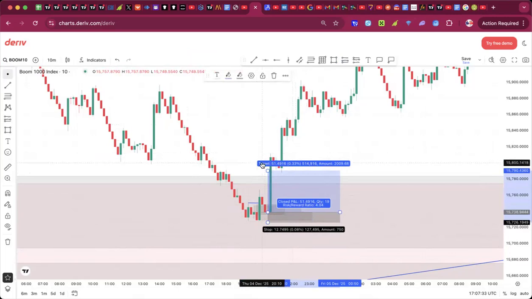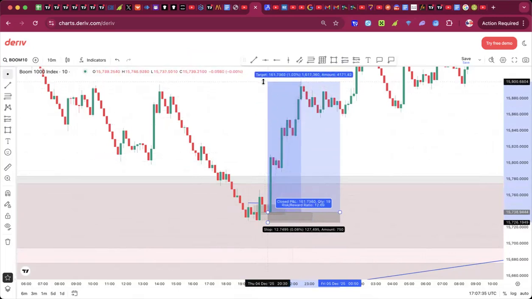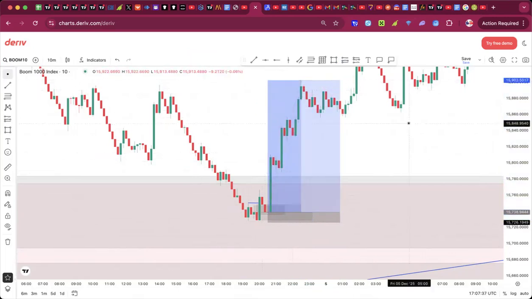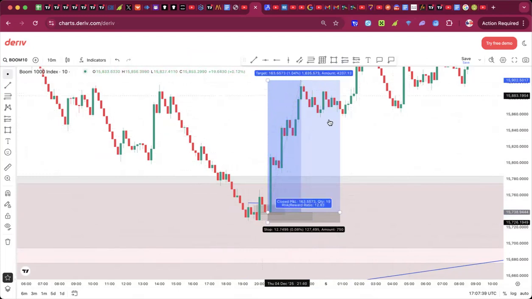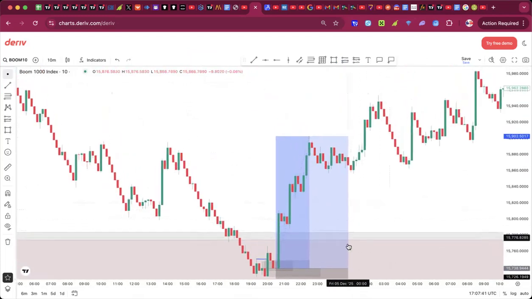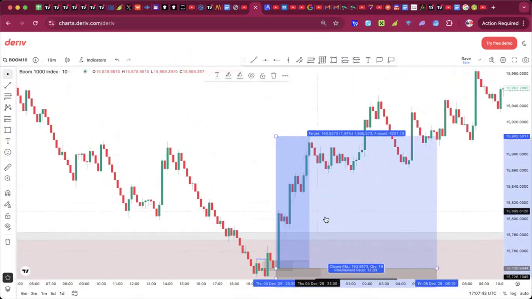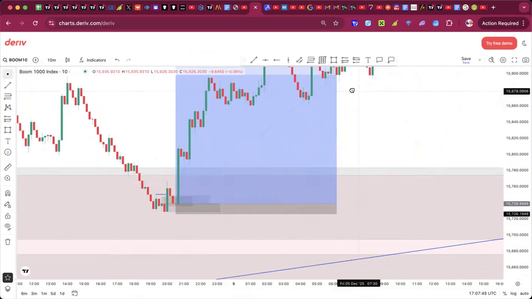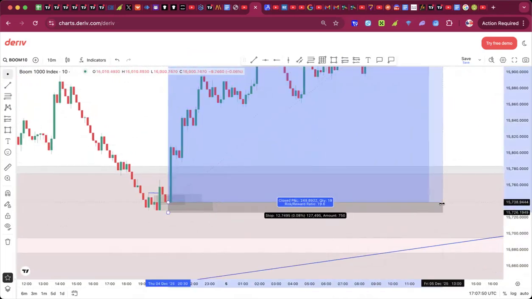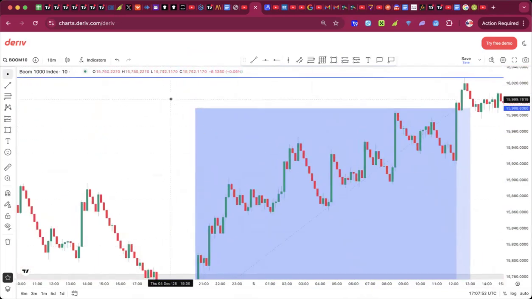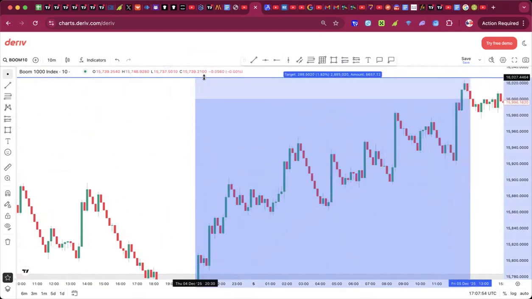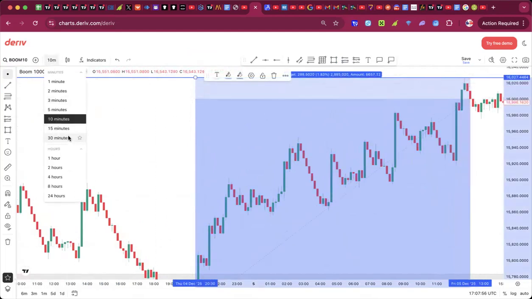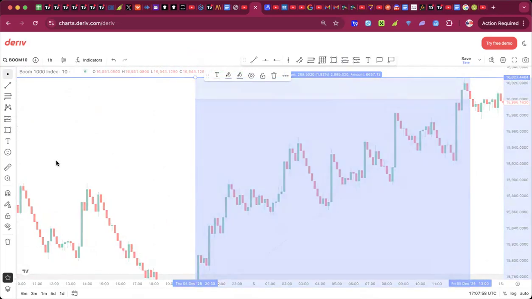This is like 12 points, and then you can comfortably use one standard lot. That would have been within how many minutes? $163. Now, if you are going to have more than one position and you are trailing the other ones, this is how we reduce your stop loss drastically to the barest minimum.